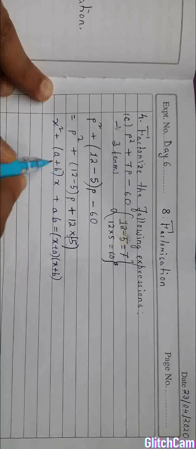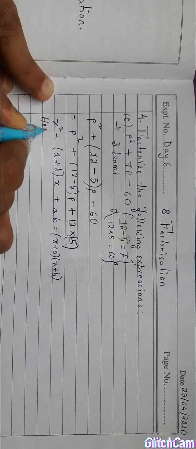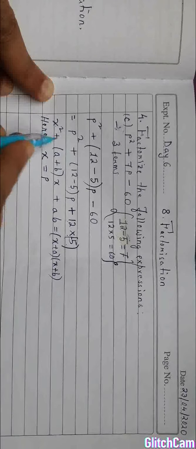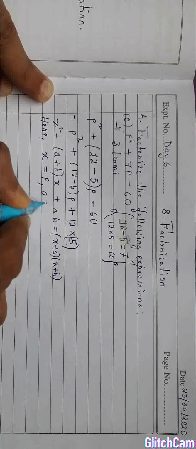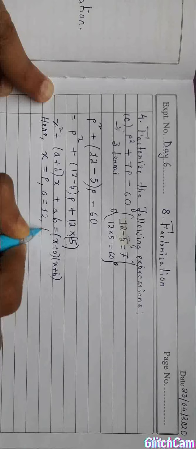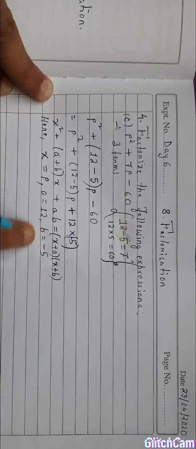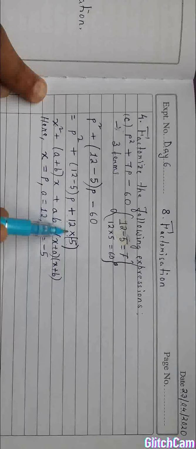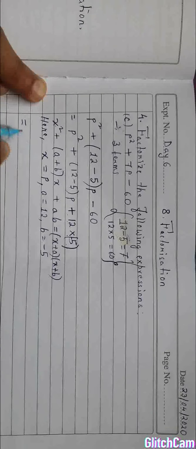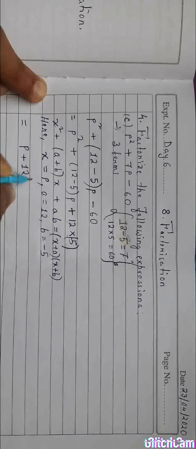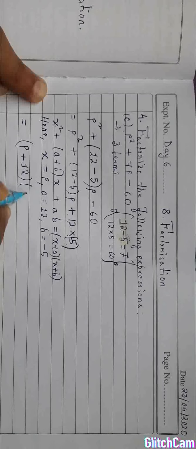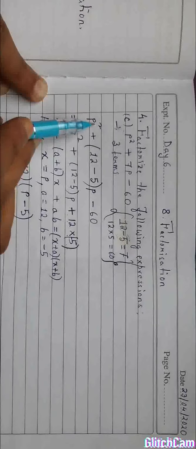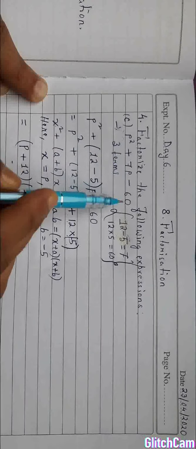Comparing this, x is equal to p, the variable, a is equal to 12, b equal to minus 5. Therefore, this expression can be written as p plus 12 within bracket, and in another bracket p minus 5. So these are the two factors of the expression p square plus 7p minus 60.